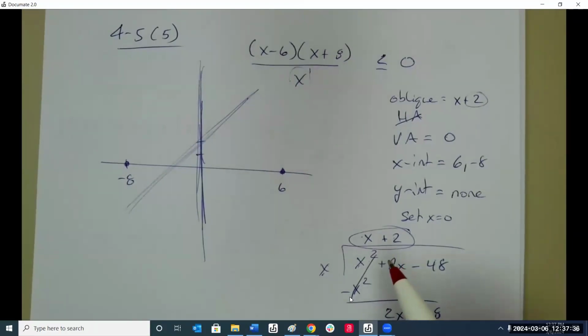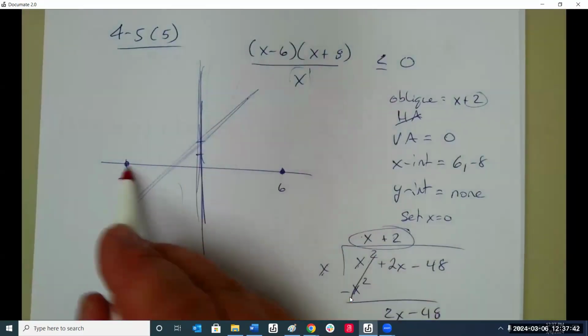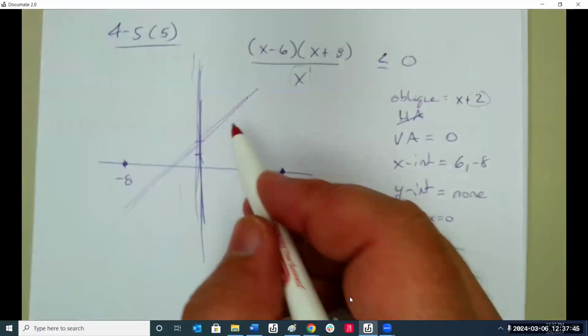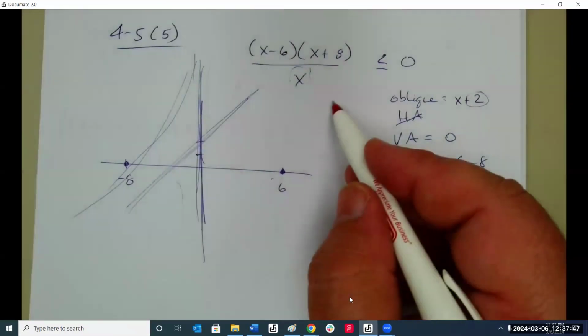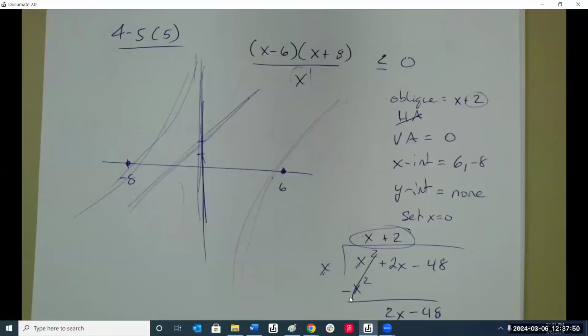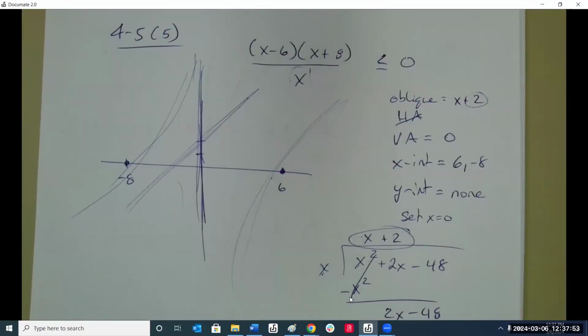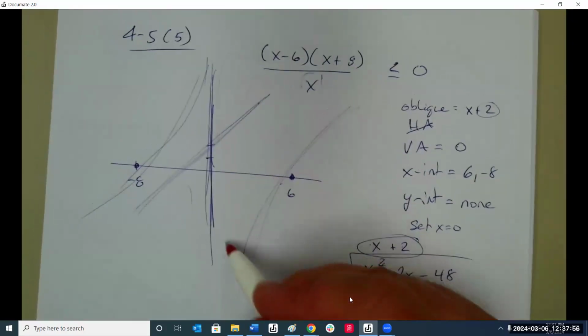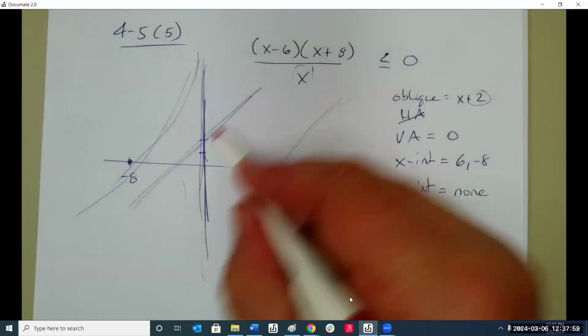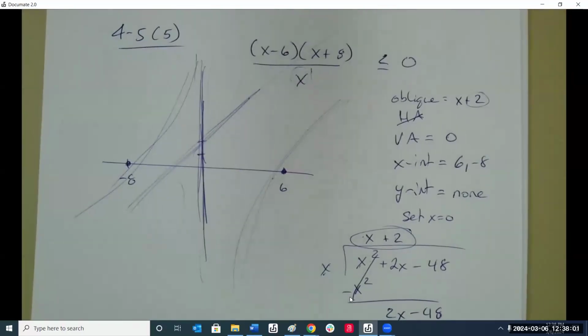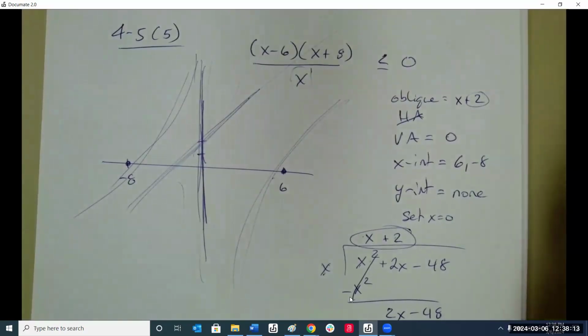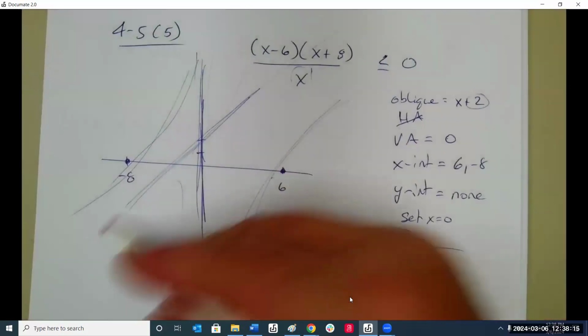So we can pretty much have an idea what it's going to look like. Because we know it's not going to look like this because the points are here. So the graph's going to look something like that. Because it has to approach this one going to negative infinity. You still have to plug in the points, if you want to just make sure that's what it looks like. It has a good chance of looking like that. But yeah, we have no horizontal asymptote. We just have that oblique.